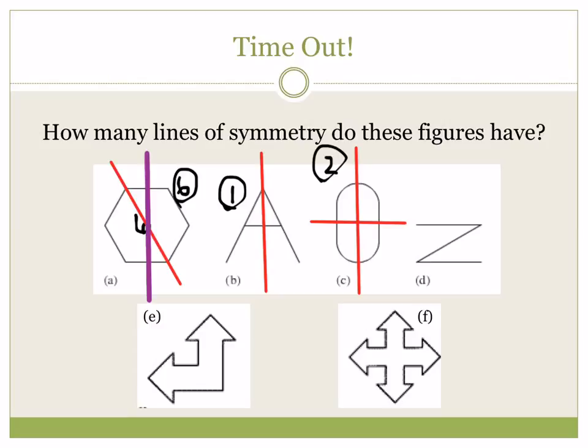There are no lines that can be drawn that will actually flip and make that the same image. How about letter E? 1. There's 1. Where is it? In between. Yeah, it looks something like that, right? It's kind of a funny one, but it works.